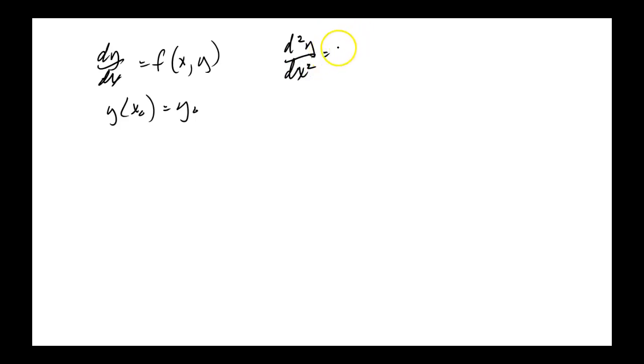And this is equal to f as a function of certainly the x, certainly the y, but because this is a second derivative, we'll have a y prime here. Okay? So again, for the order of the differential equation, you'll have one more variable in there that it's a function of.